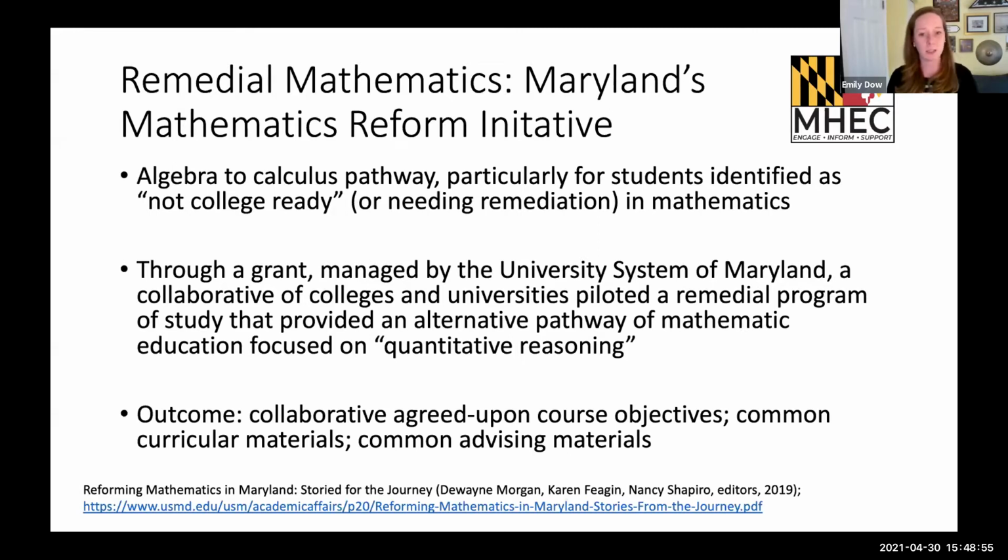So what this group did is they came up with agreed upon course objectives, common curricular materials, common advising materials. So it's created this unique pathway for your non-STEM undergrads to access a mathematics curriculum that still challenges them around quantitative reasoning, data analytics, thinking through what it means to be a 0 versus a 1.